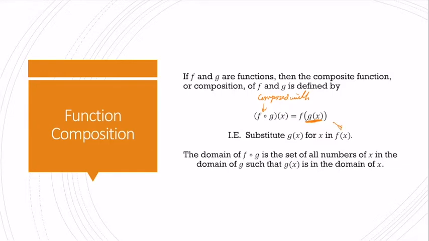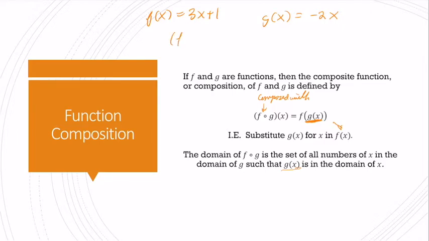Okay, so let's define two really simple functions. Let's use linear functions. If I have f of x equals 3x plus 1, and I have g of x equals negative 2x, in order to take the composition of f composed with g of x, I'm going to take f of g of x.